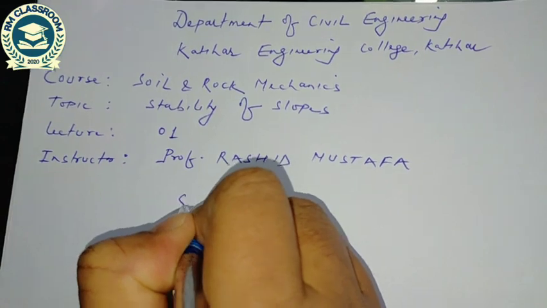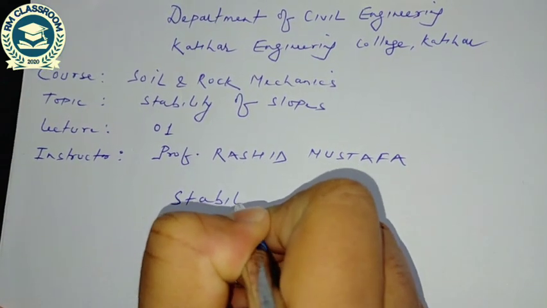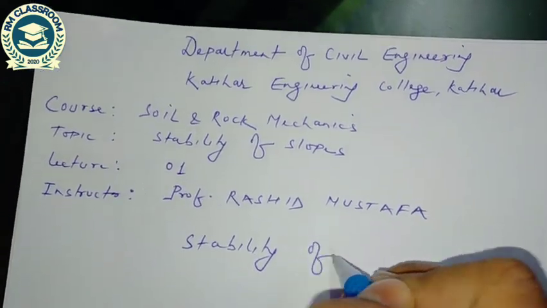And after that, in finite slope we will discuss the Taylor stability number, what is Taylor stability number, and with the help of Taylor stability charts how to compute the value of factor of safety in a slope. So let us start about stability of slopes.